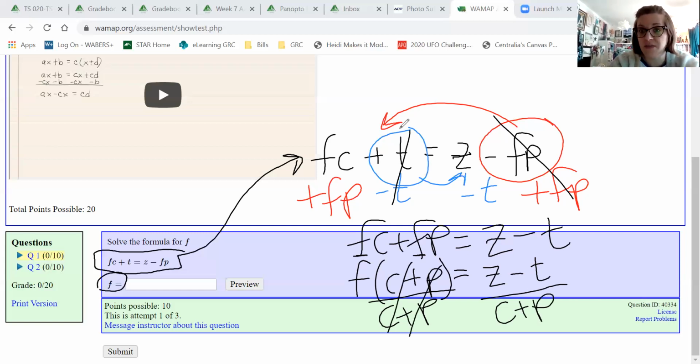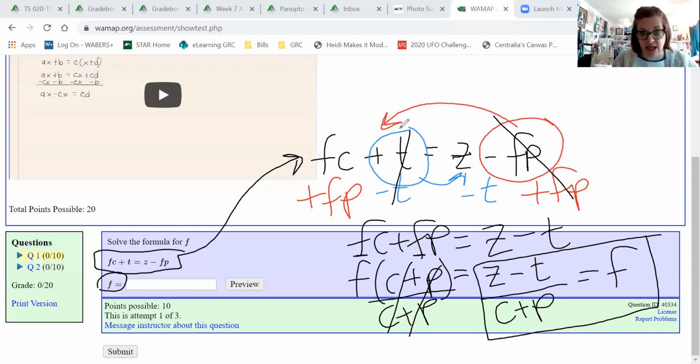So after all of that, F is going to equal Z minus T over C plus P. Ugh, right? But again, this is like a theoretical math kind of thing.